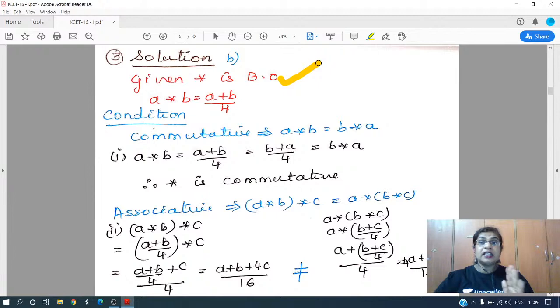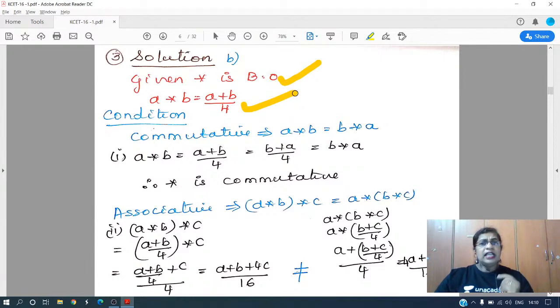So the condition required to check for the commutative and associative properties is that star has to be a binary operation. This much is given to us in the question. They have told us that star is a binary operation, and the definition given is A star B is equal to (A plus B) by 4.